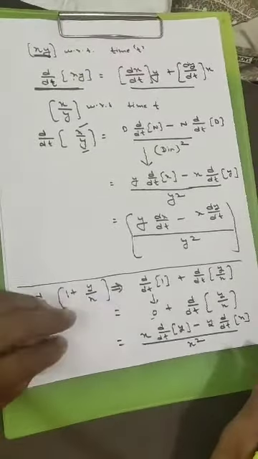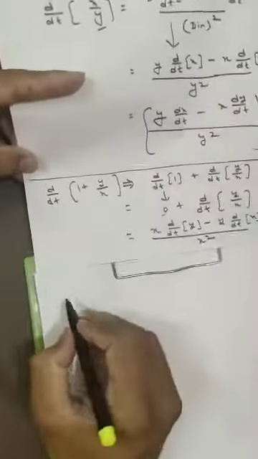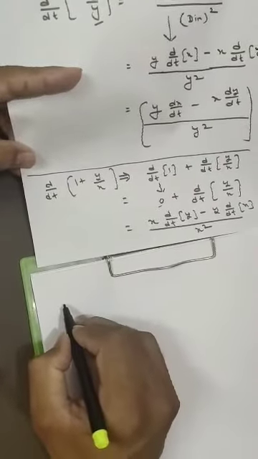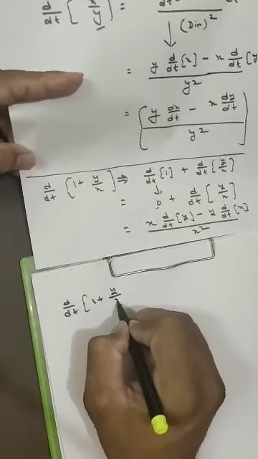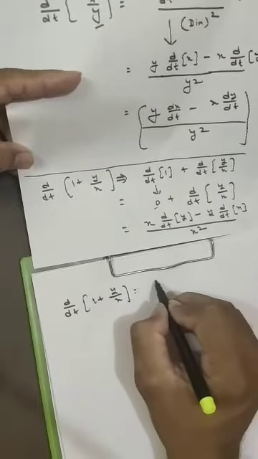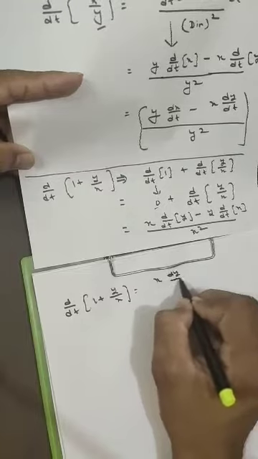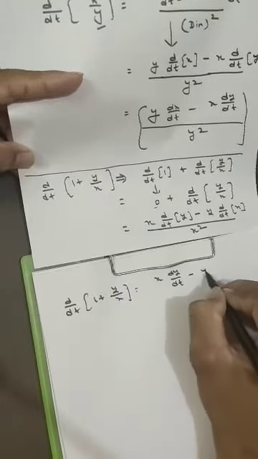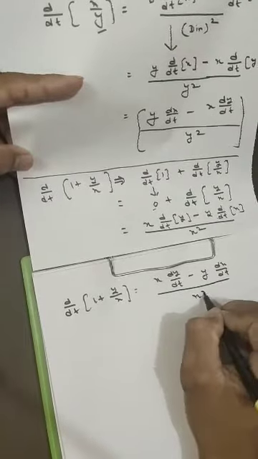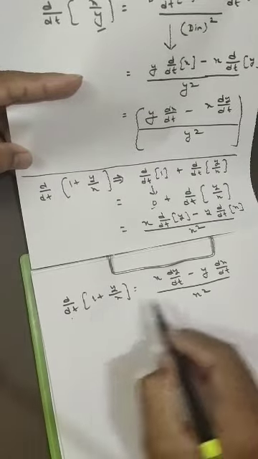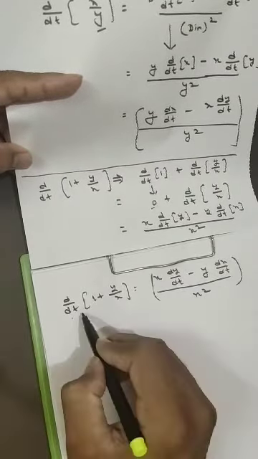So the answer of this problem is d by dt of 1 plus y by x equals x dy by dt minus y dx by dt, upon x square. This is the differentiation of this complete term.